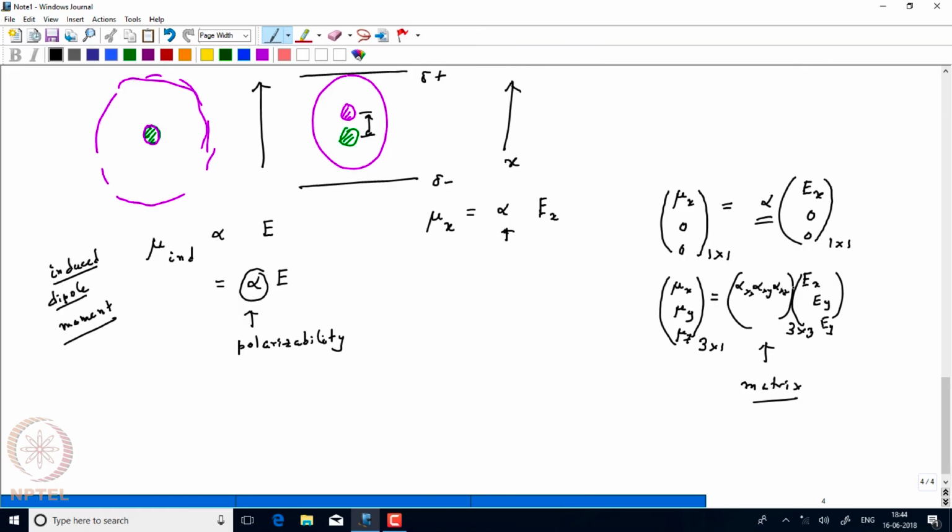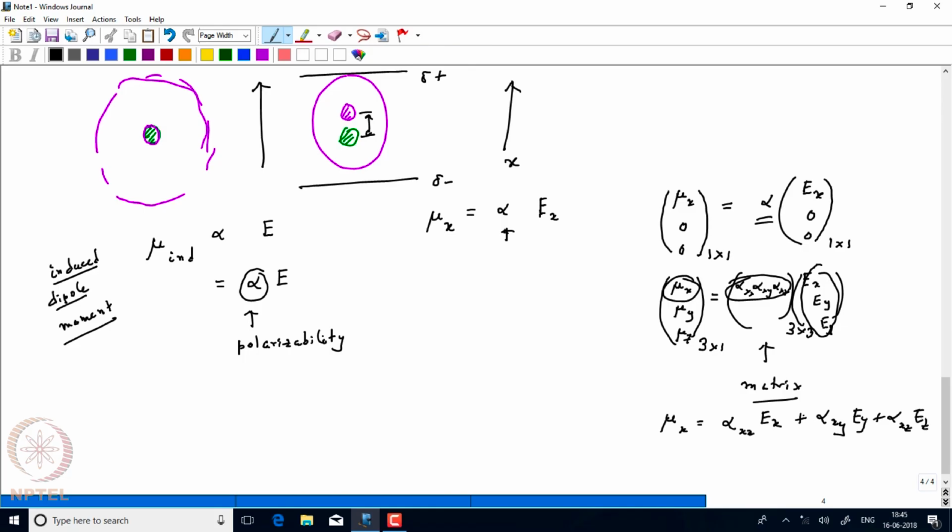If I want to know the magnitude of mu x, mu x will be alpha xx times Ex plus alpha xy times Ey plus alpha xz times Ez.